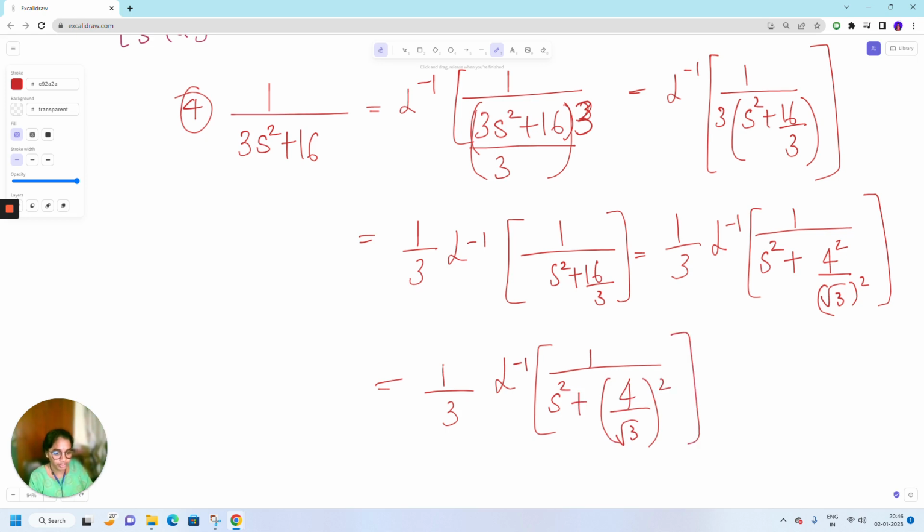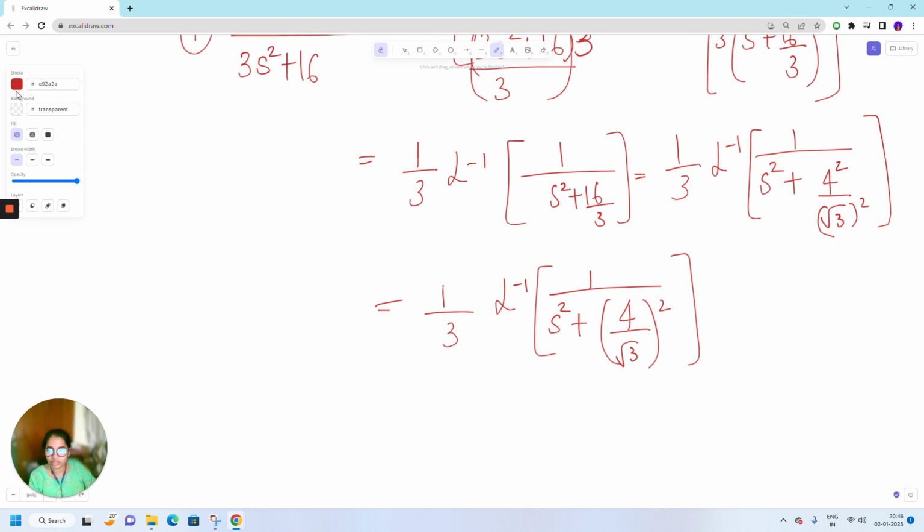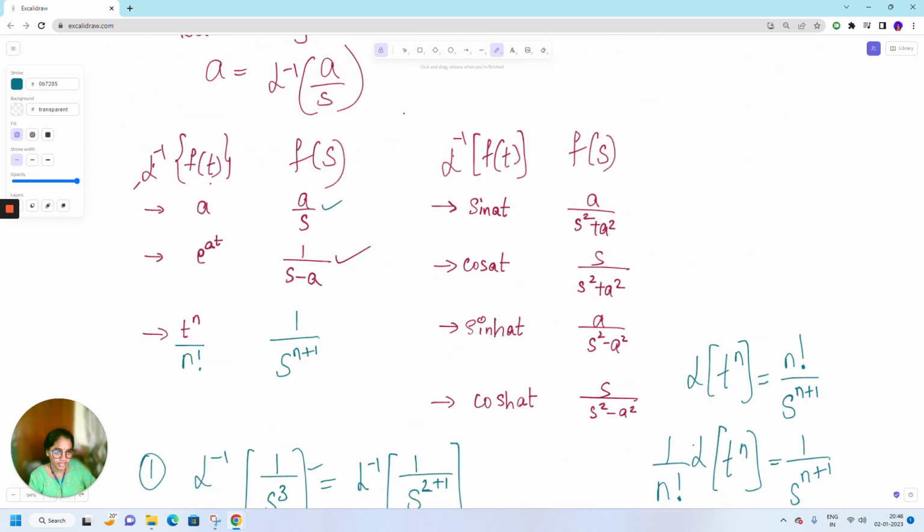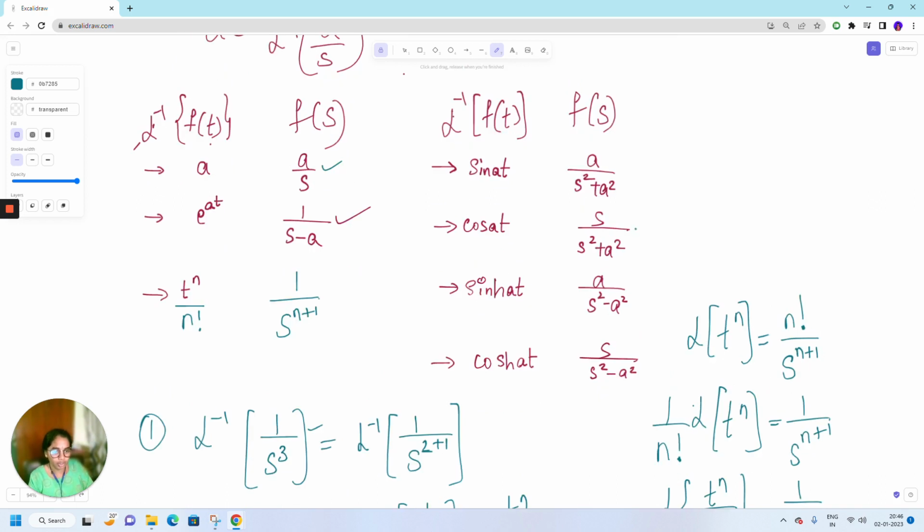So what do I have here? 1 divided by s square plus a square. What is the formula? Laplace inverse of 1 divided by s square plus a square. Observe, if we had s, we could have taken cos at, but we have only 1.